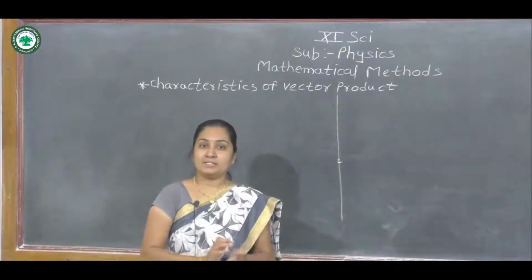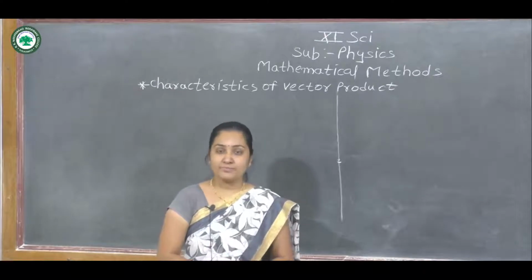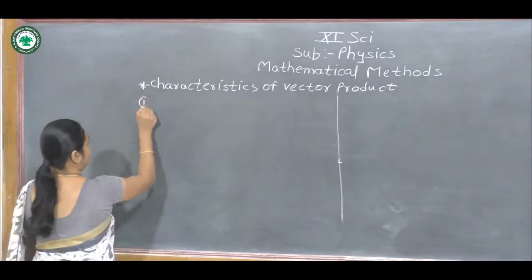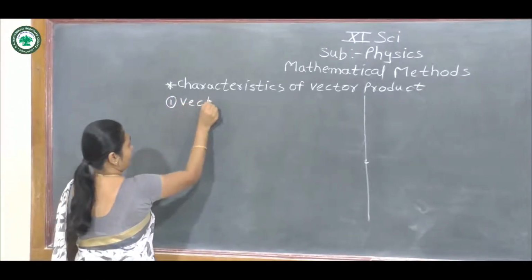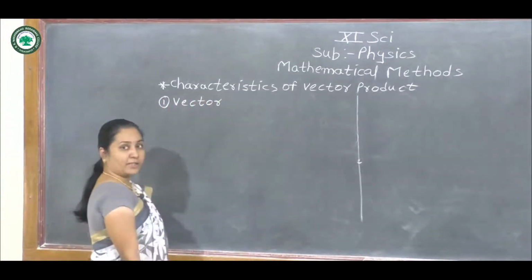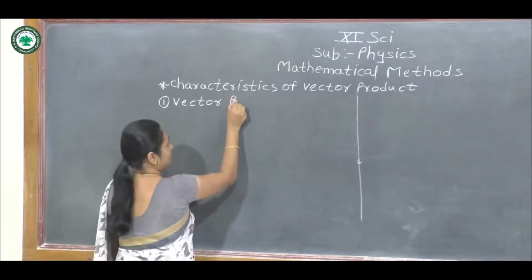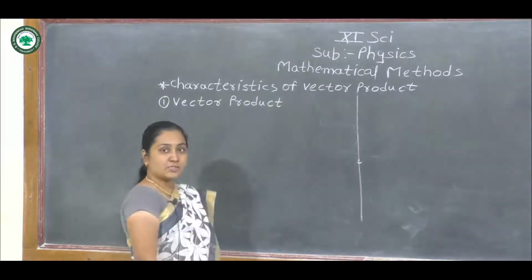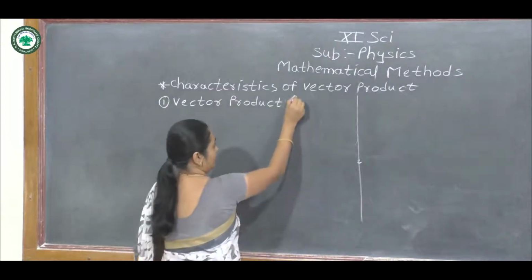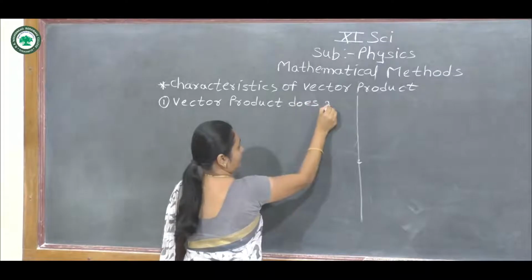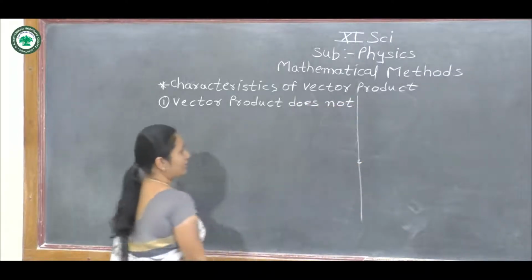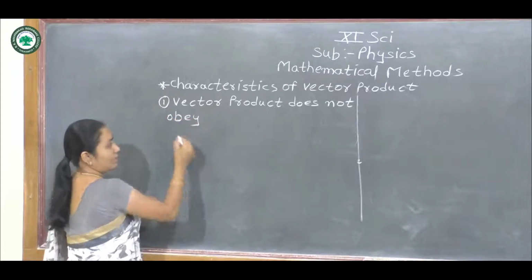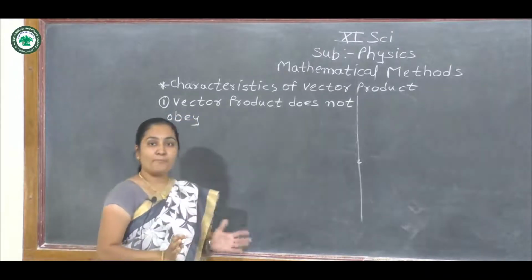The first characteristic is that vector product does not obey the commutative law of multiplication.